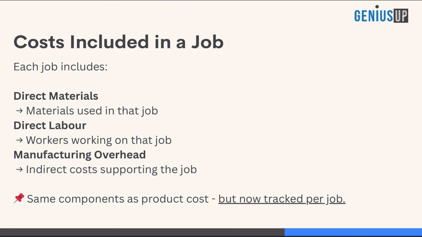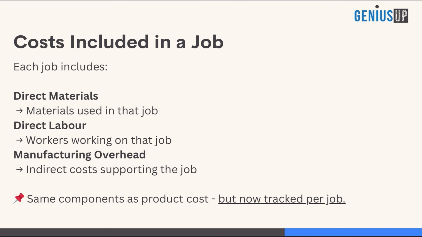Let's say electricity, for example. We can't trace it to a specific job. However, we still incur it. So we need to find a way to allocate those costs to the specific jobs. But we're going to speak about the allocation later. However, you need to understand that these are the three types of costs that are included in a job, or in job order costing. These are the same components as the product cost.